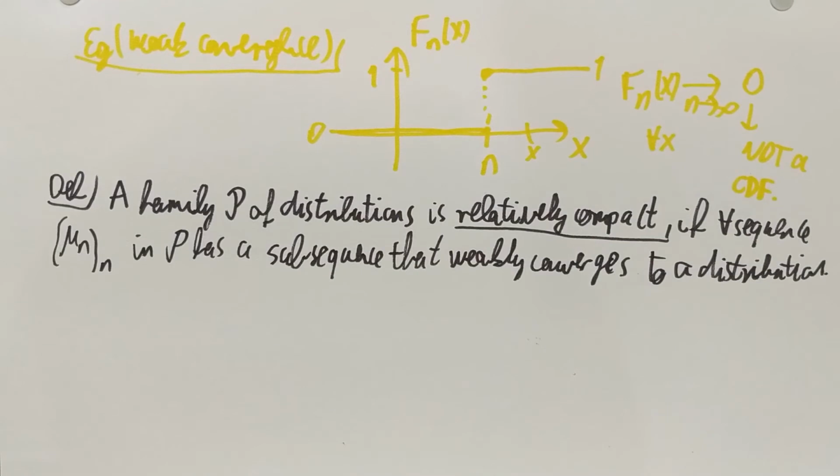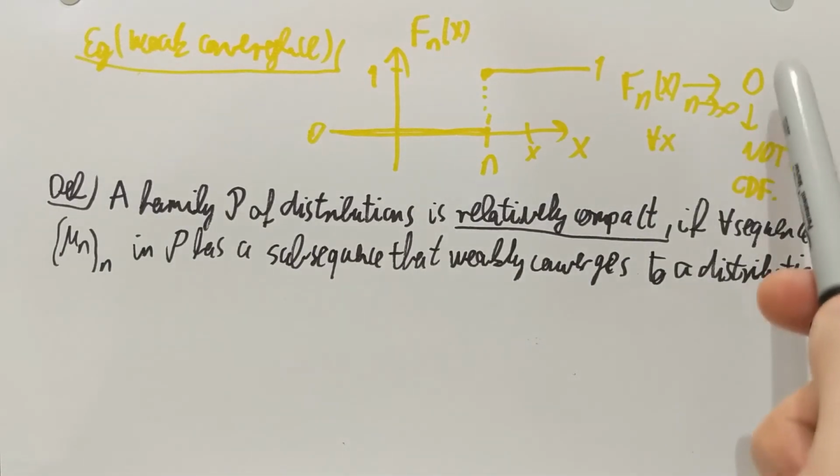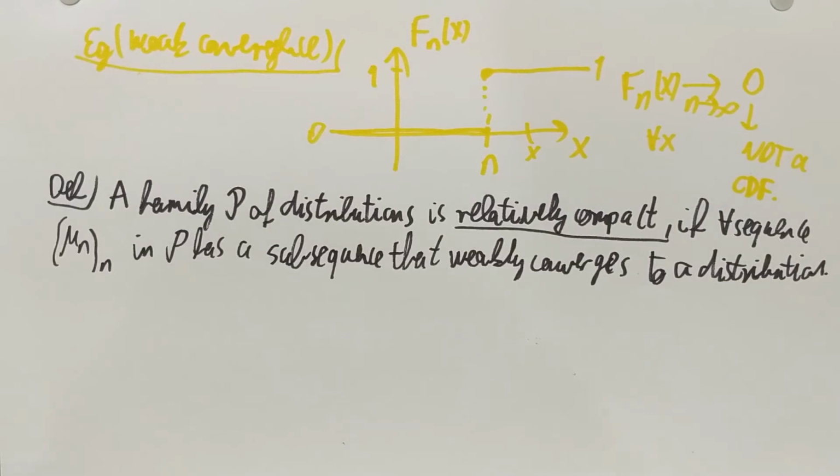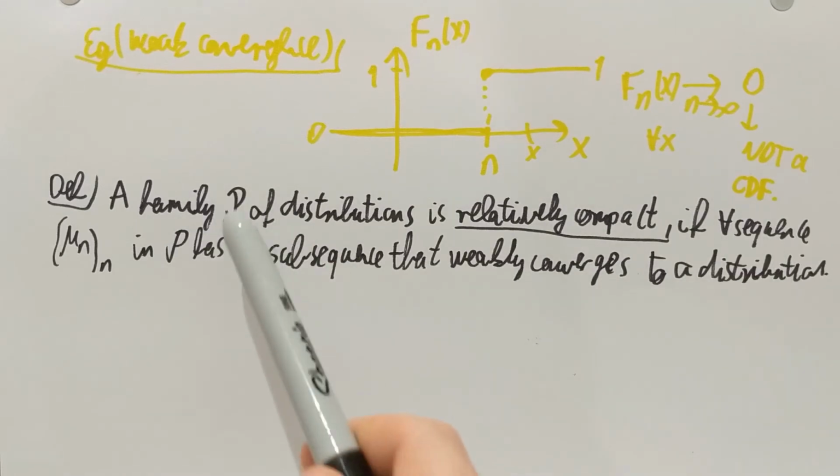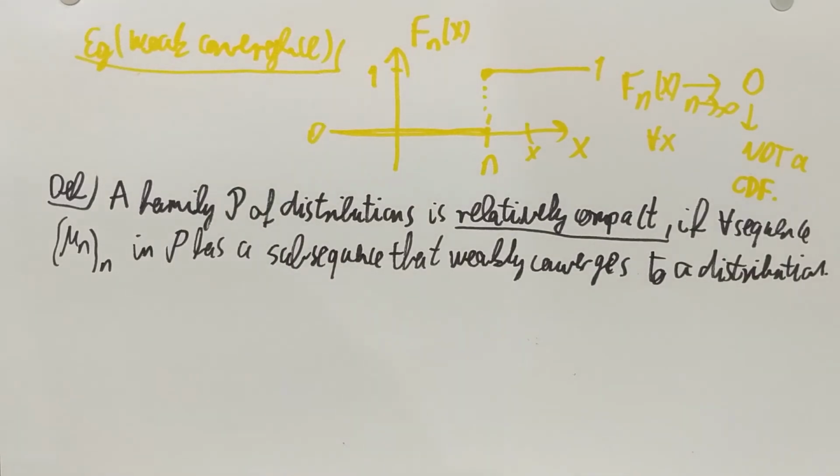So the family of distributions is relatively compact if every sequence in P has a subsequence that converges to a distribution, not to zero, but to a distribution. This distribution does not necessarily need to be in P. It can be outside the family we started with, but it still has to be a distribution. Okay, that's the first definition I want to make.